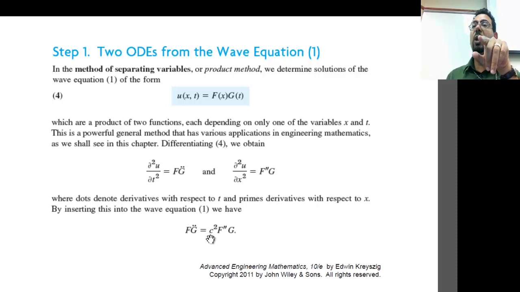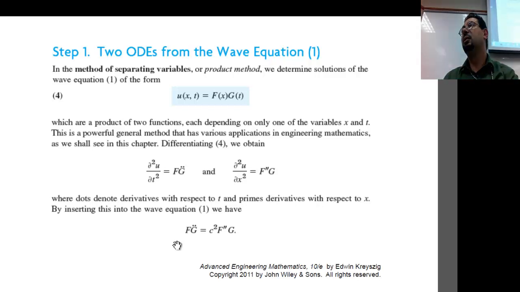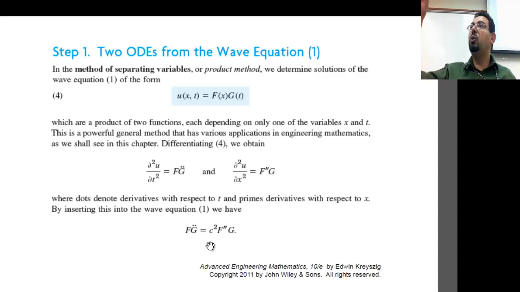In the next step you realize why we went through all this trouble, because now we can send all the g on one side and all the f on the other side. All the stuff that's a function of x on one side, all the stuff that's a function of t on the other. Where did this come from? You're looking at partial 2u partial t squared, and this is partial 2u partial x squared with c squared next to it. That was the equation: partial 2u partial t squared equals c squared partial 2u partial x squared.